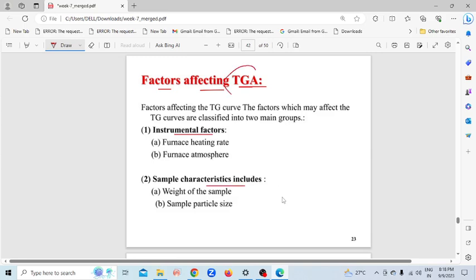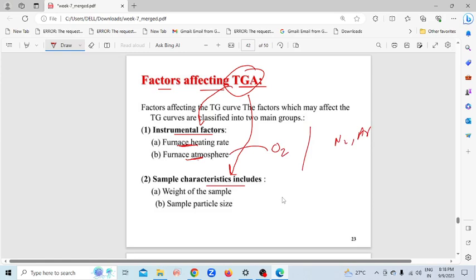Your TGA curve can be influenced by instrumental factors or by which sample you are going to analyze. The instrumental factors, which we have already discussed, are furnace heating rate and furnace atmosphere. Furnace atmosphere means the presence of oxygen or an inert gas. In both cases the TGA will be different.